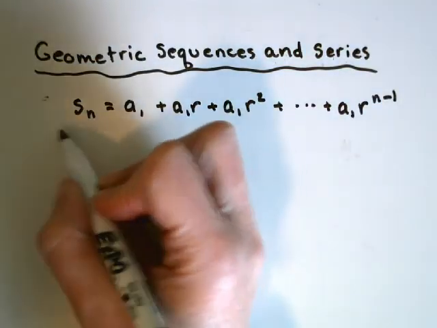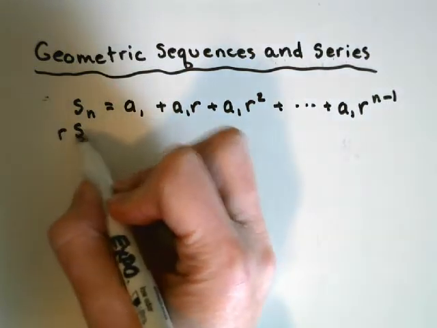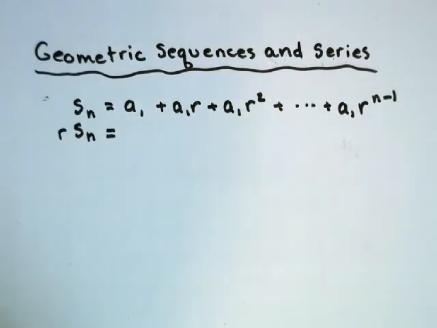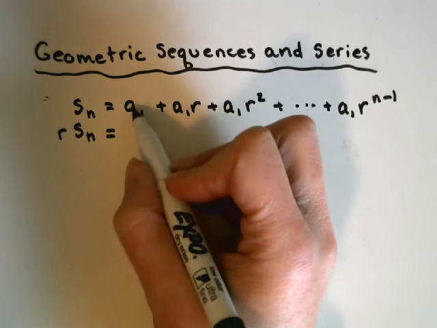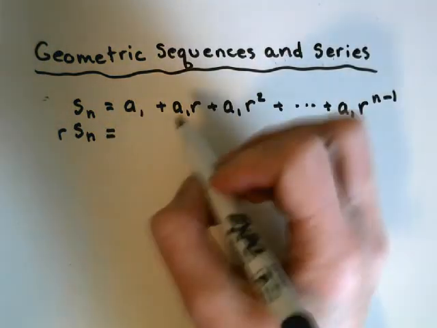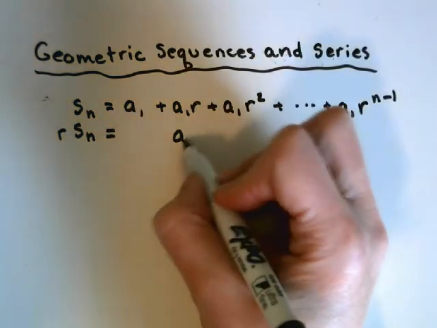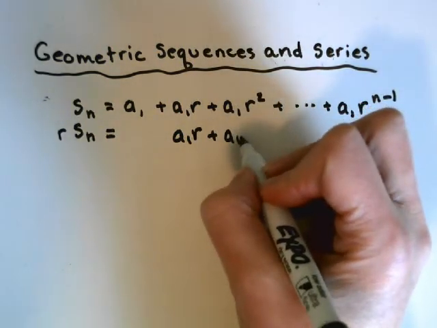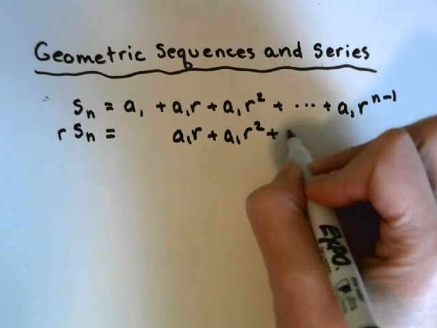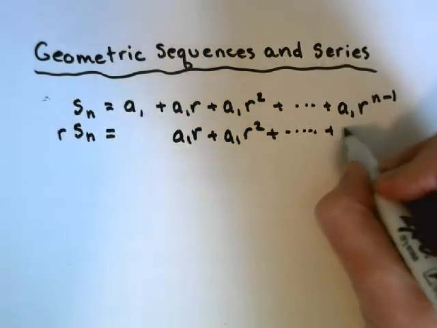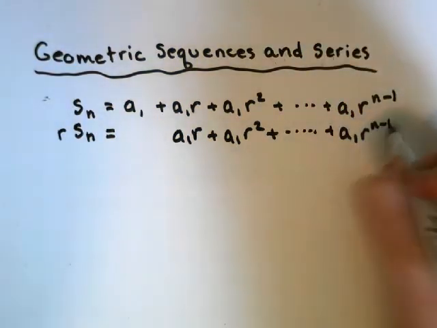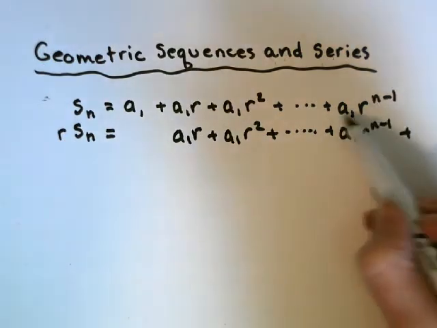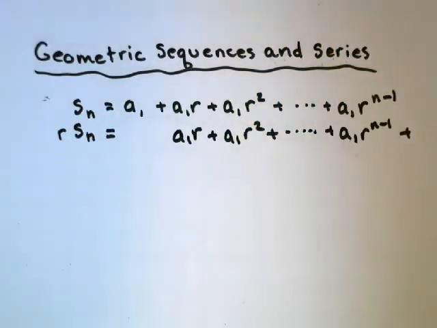To get this formula, we're going to multiply this whole row by r. If I multiply a1 times r, I have a1 r, so I'm going to shift that. If I multiply this by r, I get a1 r squared, and so on.